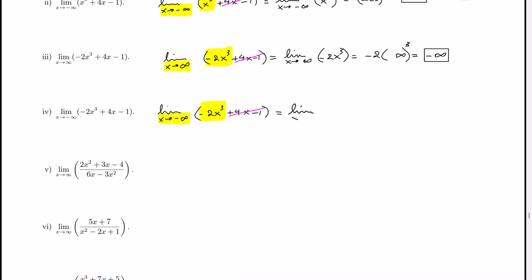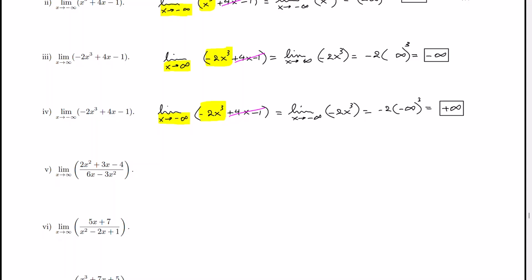So it's the limit as x approaches negative infinity of negative 2x cubed. And so I'm going to have negative 2 multiplied by negative infinity to the power of 3. Negative infinity to the power of 3 is negative infinity. Multiplied by negative 2 is going to make it positive infinity. So again, no horizontal asymptote for this function.